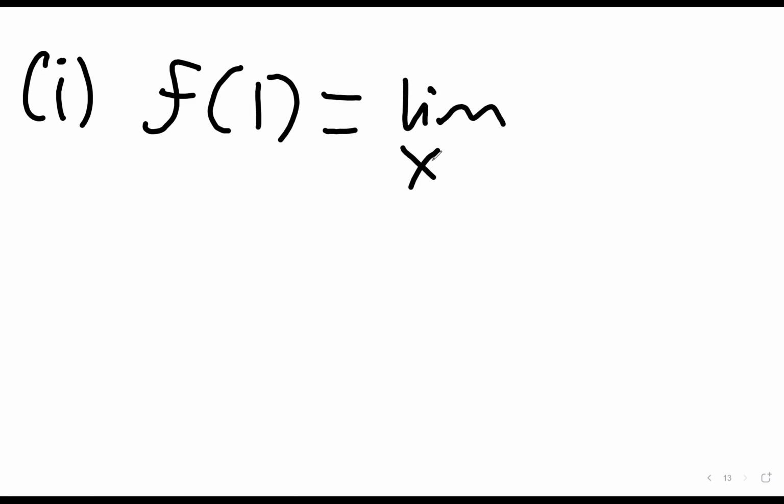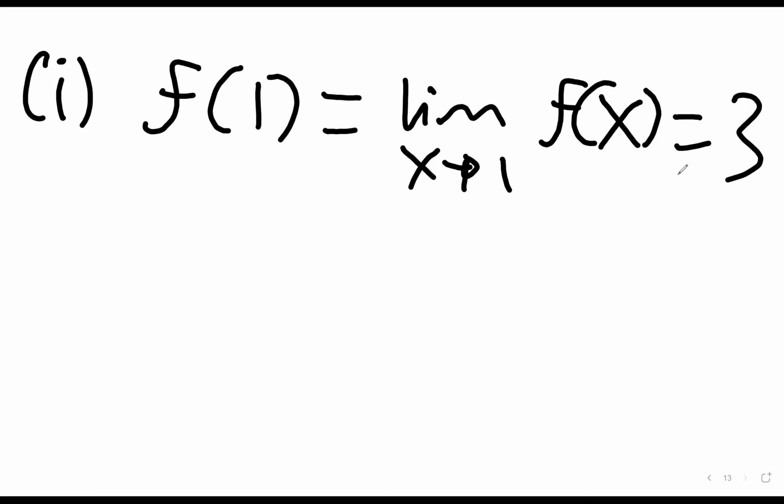So we can redefine the value of f at x equals 1 so that the function f is continuous. f(1) should be the limit as x tends to 1 of f(x), and the value is 3. So we can redefine f(1) to be 3.